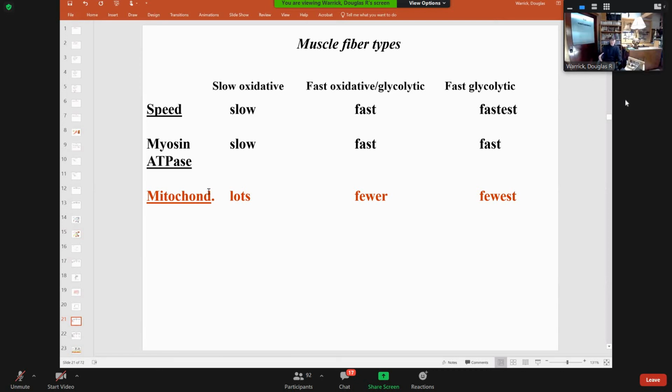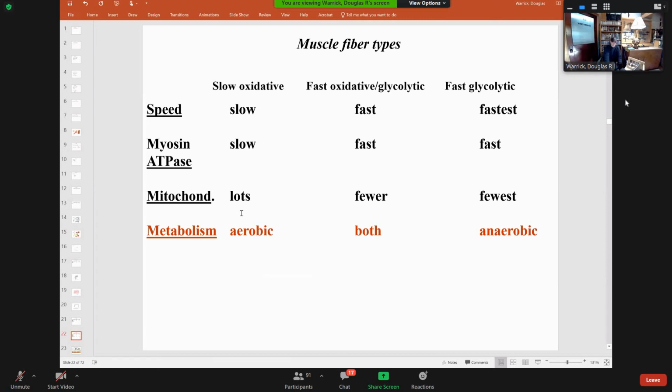The more organelles you have, that means less space for actual contractile proteins. So this comes at a cost. If you don't have a lot of mitochondria, that means you can pack more myofibrils in there, which means you can produce more force. But on the other hand, you're going to be committed to just glycolysis because you don't have enough. Every cell is going to have some mitochondria. That's not devoid, but a lot more in slow oxidative.